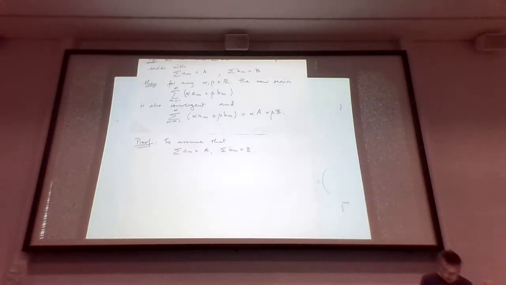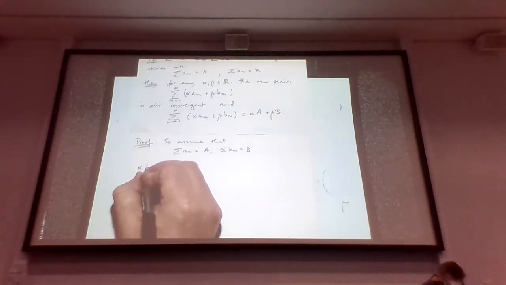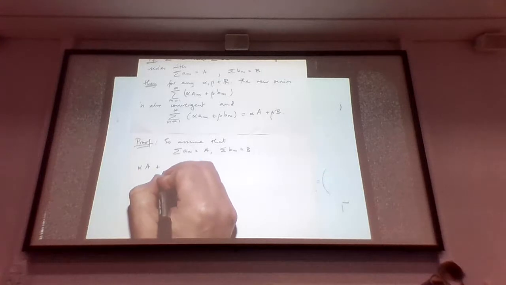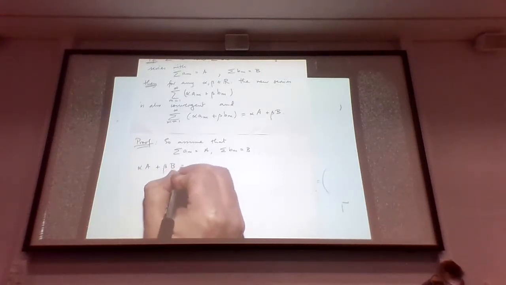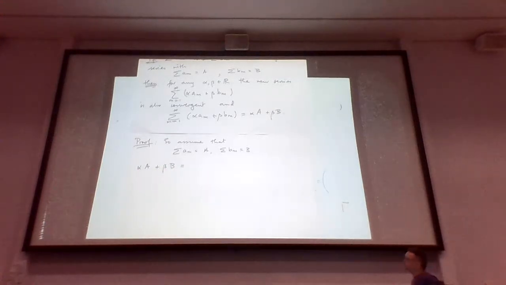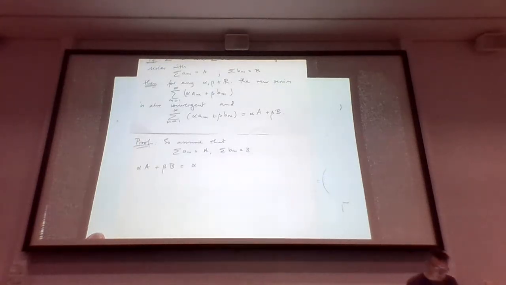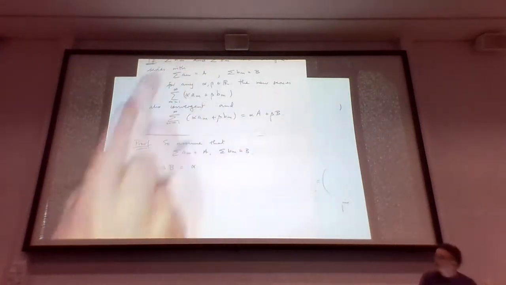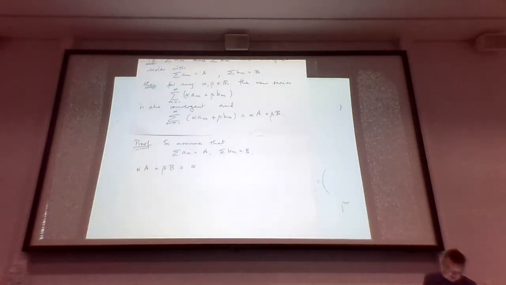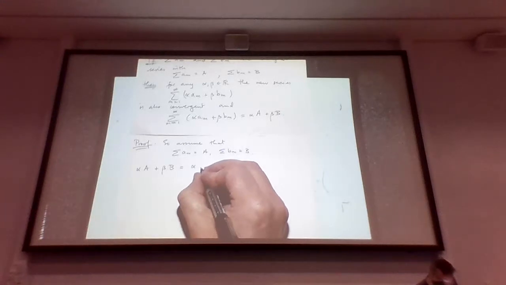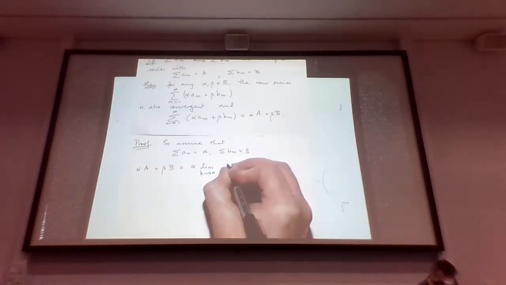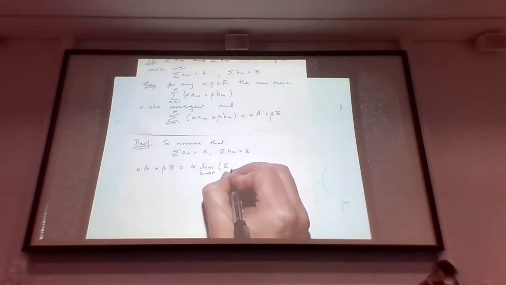So this is how we prove it. I take this quantity alpha A plus beta B, and by definition it's alpha times the sum of the A series. But by definition, the sum of the A series is the limit of partial sums of the A series.